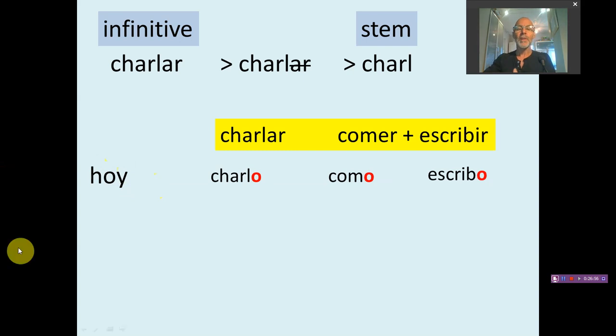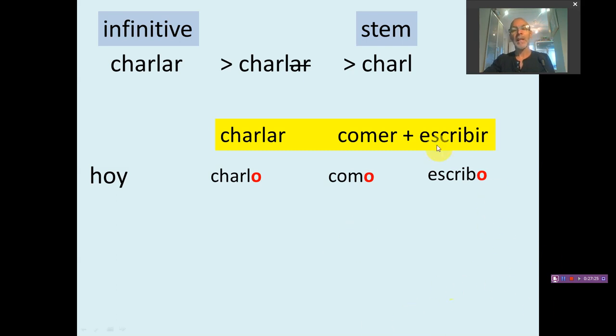So if you wanted to say today I chat, or I am chatting with my friends, you get your stem, charl, and you add the letter O. So charlo is how you say I chat or I am chatting. It's the present tense form, because it's happening now or now-ish, or currently.